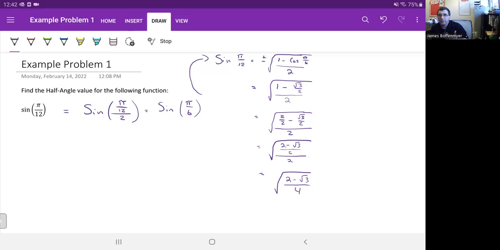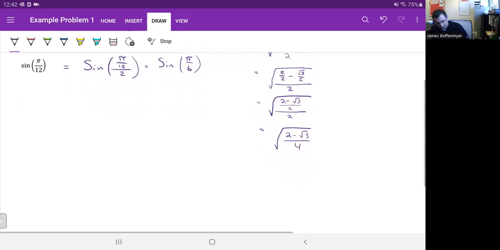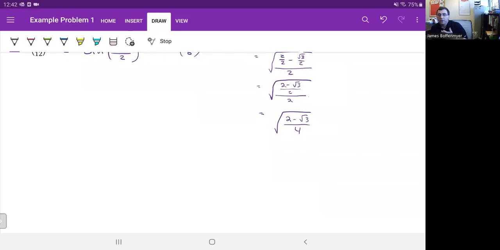Okay. So if you were doing this problem in MyMathLab or something like that, they would want you to reduce as much as possible. So this is actually how you would reduce. Because you have a square root of a fraction, you take the square root of the top divided by the square root of the bottom.